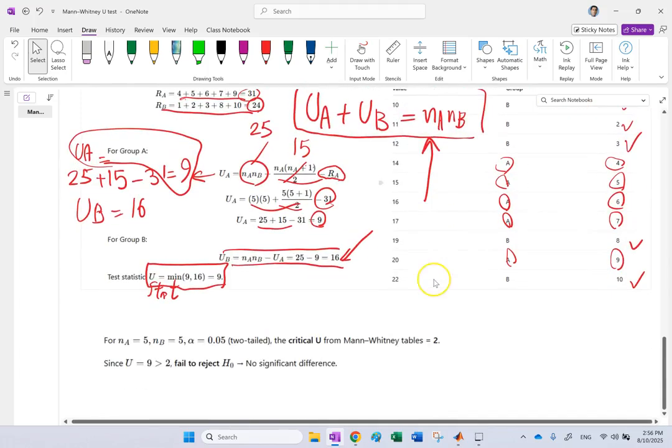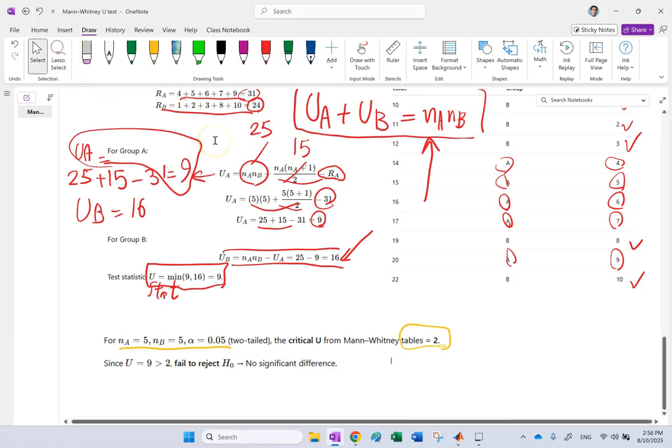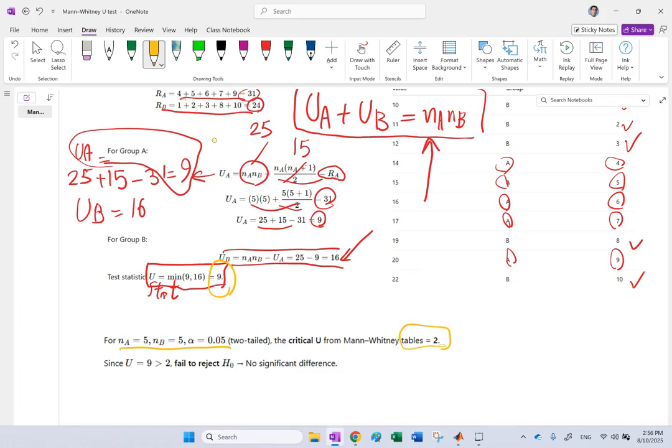So in this case, if I go ahead and read off of the U tables with 5 and 5, because my N1 and N2 are 5 and alpha is 0.05, if I go ahead and read the U value, I find it is only 2. So critical is 2, my stat is 9. And 9 is, guess what? Bigger than 2.